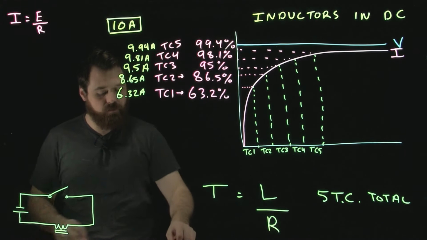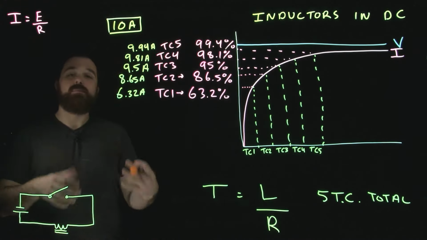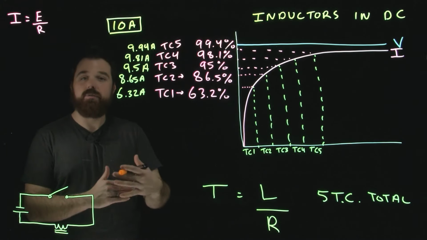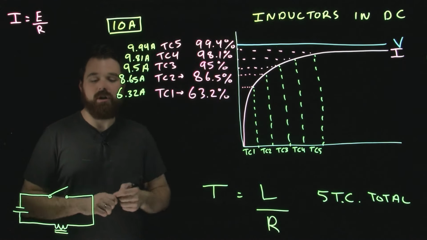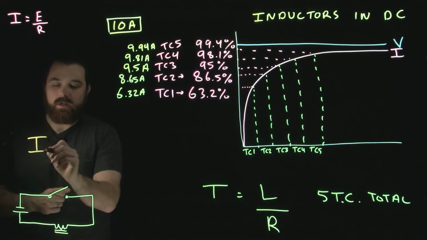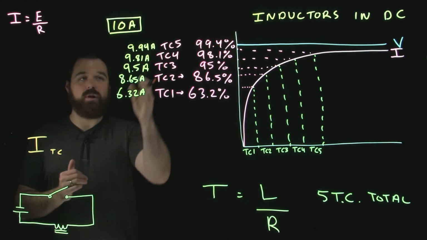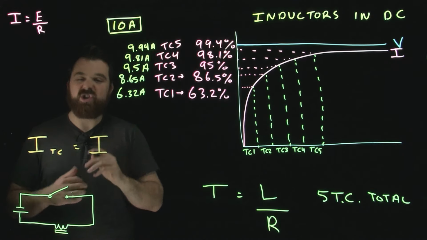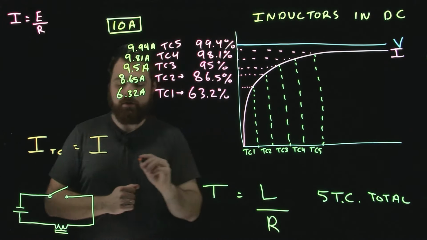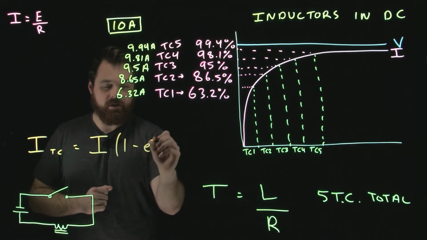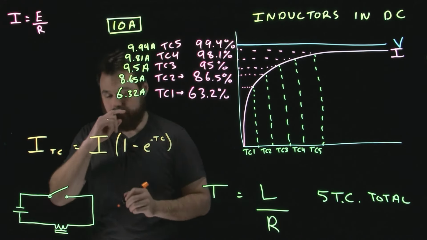What we do have, if we want to use it, is a formula that can help us out. I think these numbers are the most important, right? 63.2% rising in each time constant. But if you want, you can also go current of a time constant. So if we're looking for one of these values, it equals the steady state current times 1 minus e to the negative time constant.